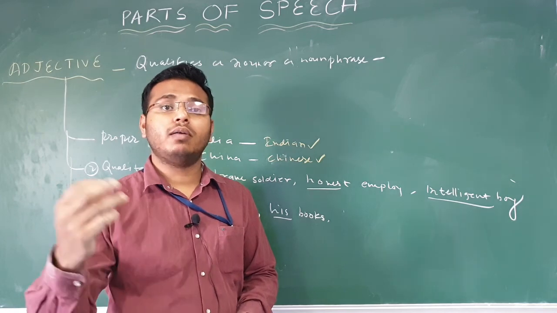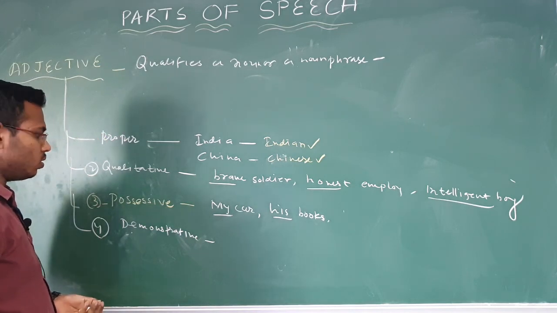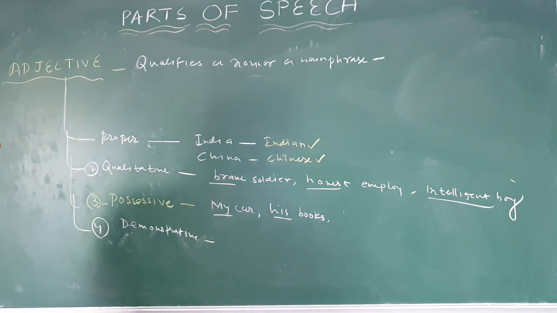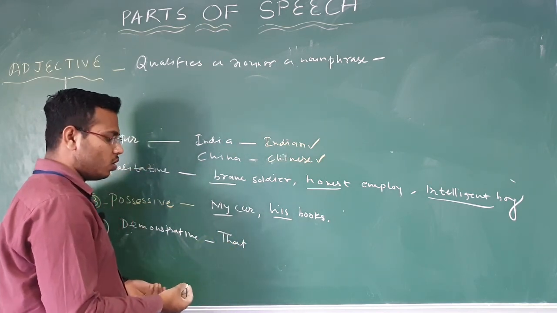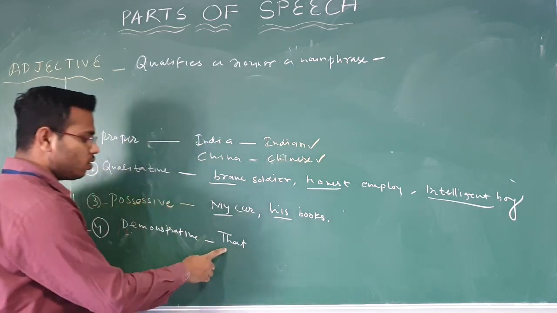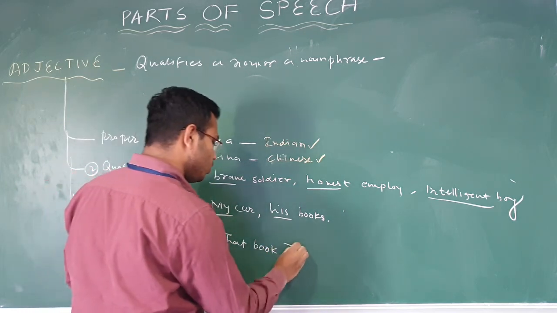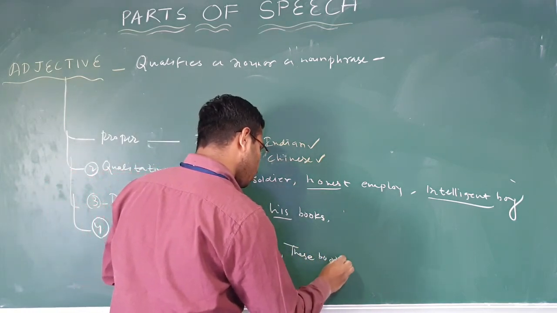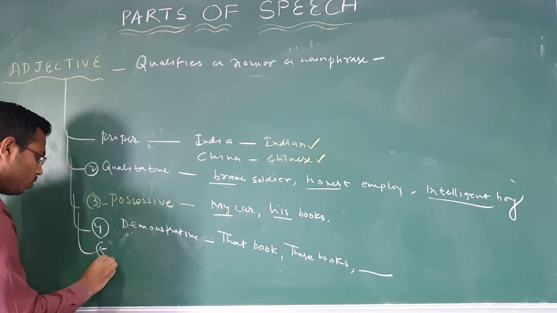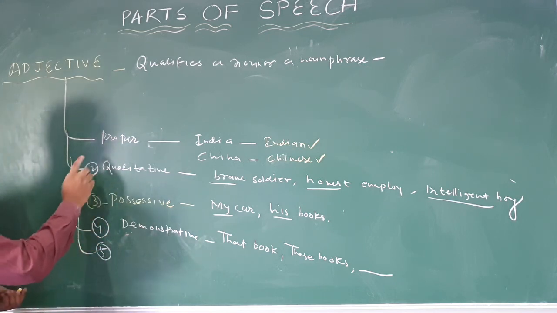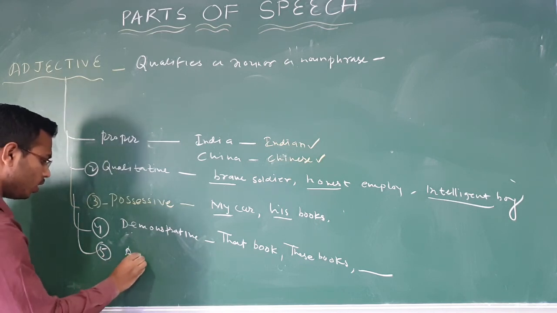As I told you in the pronoun section, if immediately after this, that, these, those you find a noun, then we can say these are not pronouns but adjectives. So that book, these books, and the other two I mentioned in pronouns: demonstrative, possessive, qualitative, proper.